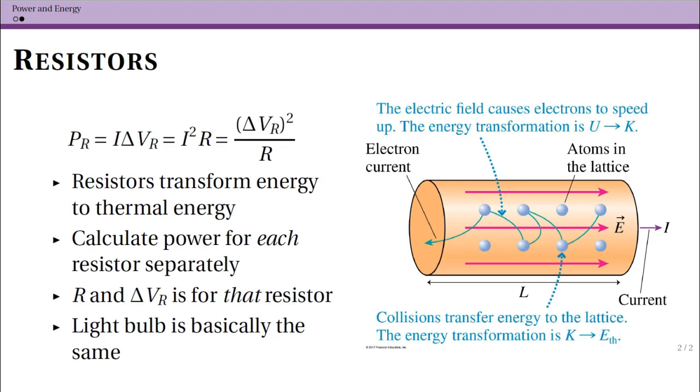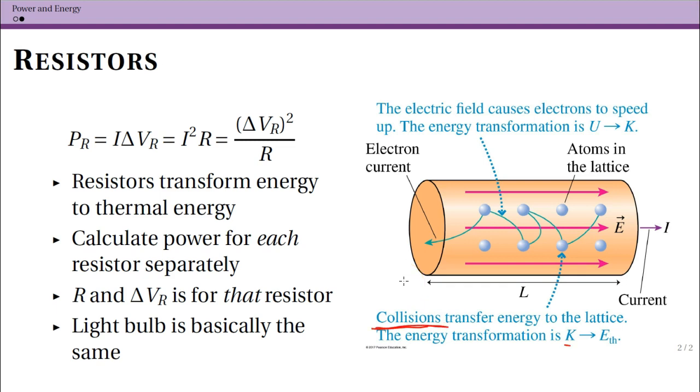So where is this power being used, or how is it being used? Now I'm going to start with resistors, not light bulbs, but come back to the bulbs at the end. So a resistor is actually taking our electrons and it is colliding them with what is around.